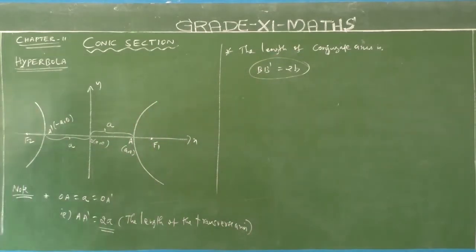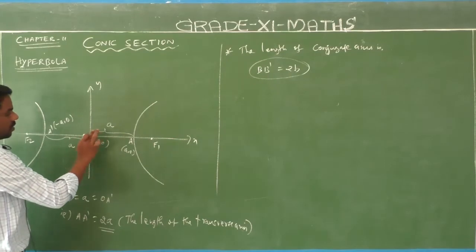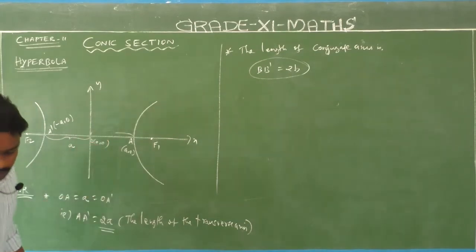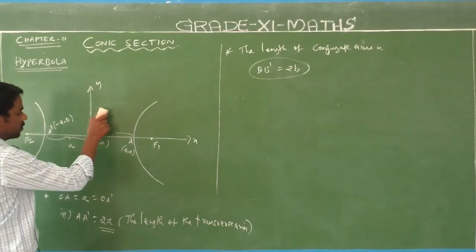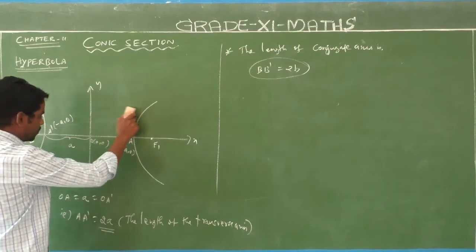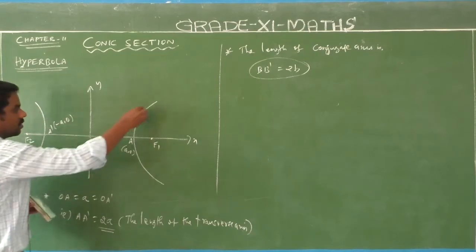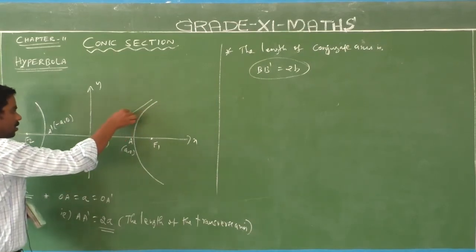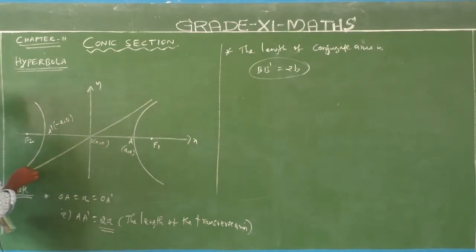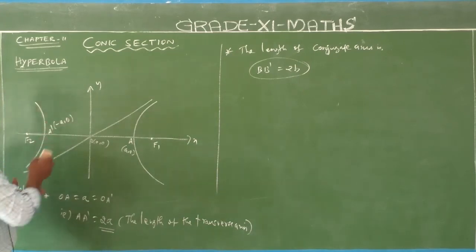Here B dash. Draw the asymptotes of the given hyperbola. This line is the asymptote.